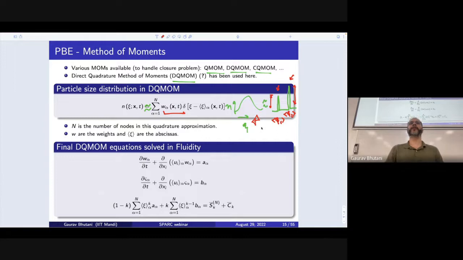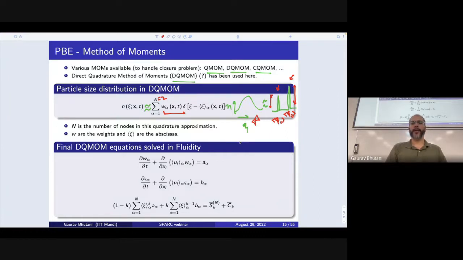You can think of it in terms of quadrature. You have a continuous function, you want to integrate that, you take the method of quadrature where rather than integrating over the complete x coordinate, you take a couple of discrete abscissas and you say some weight of xi1 and some amount of xi2, some amount of xi3 and so on. So I am representing this in terms of, for example, our n is 2 for this figure. It's a very natural way to represent.